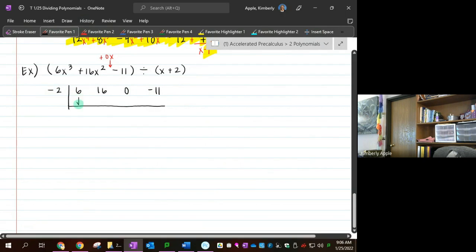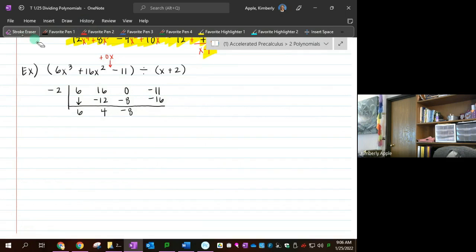And we're going to bring it down. 6. We're going to multiply. Negative 12. Add. That's 4. Negative 2 times 4 is negative 8. 0 plus negative 8 is negative 8. Negative 2 times negative 8 is negative 16.